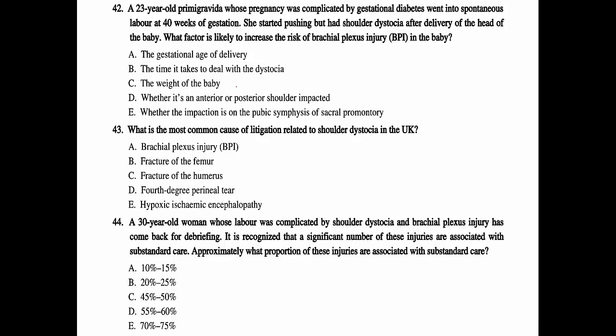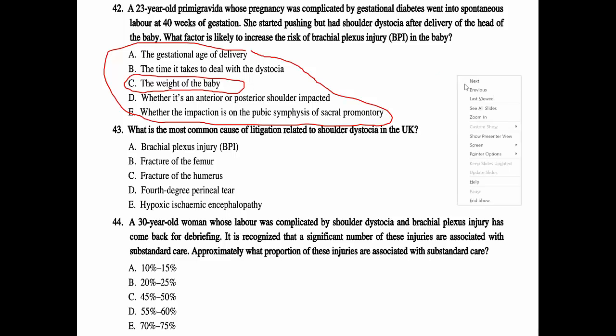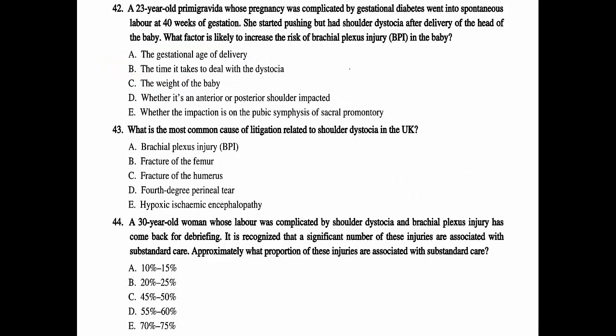What was the important risk factor for brachial plexus injury according to these options? I guess the fetal weight, because macrosomia is a risk factor for shoulder dystocia and for brachial plexus injury. So the answer is the weight of the baby, the weight of the fetus.